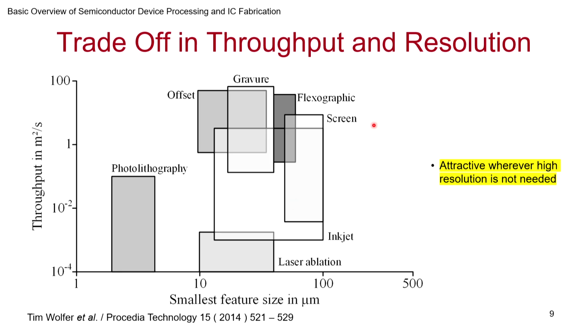So you have several square meters and several tens of square meters you can make by various processes. Offset, gravure, flexography. Offset is what you use for your newspapers. Inkjet, you can even have laser ablation, all these laser printing, if you want to call it that way, but then the laser printing throughput is lower.